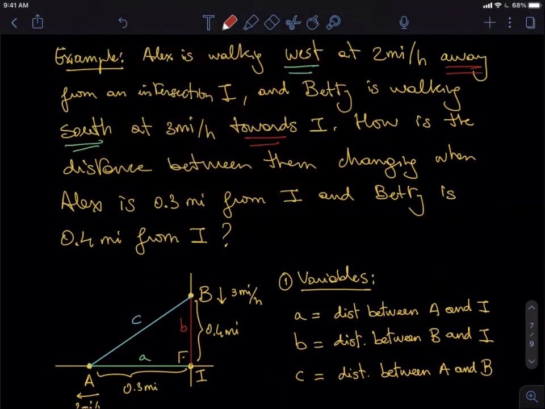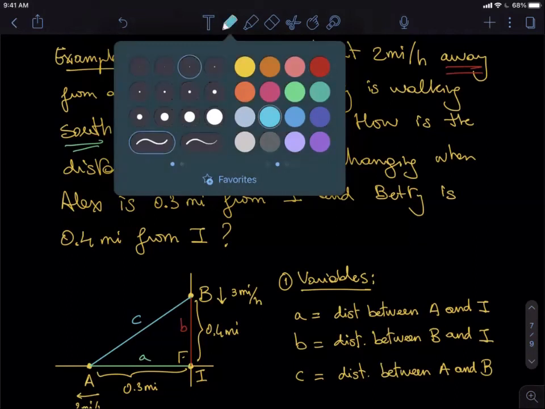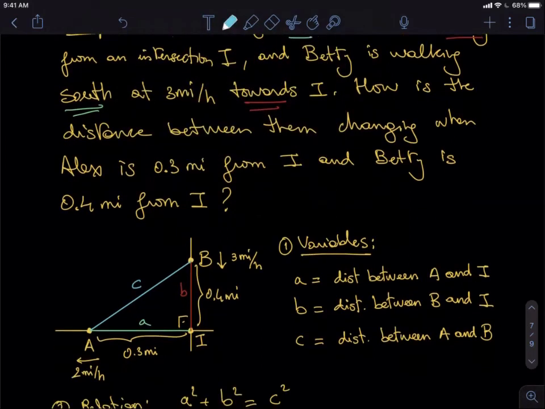And that is important because since Betty is walking towards the intersection, the distance is decreasing. So we need to take the rate as negative, while Alex is walking away from the intersection, so the distance is increasing, so it's positive.